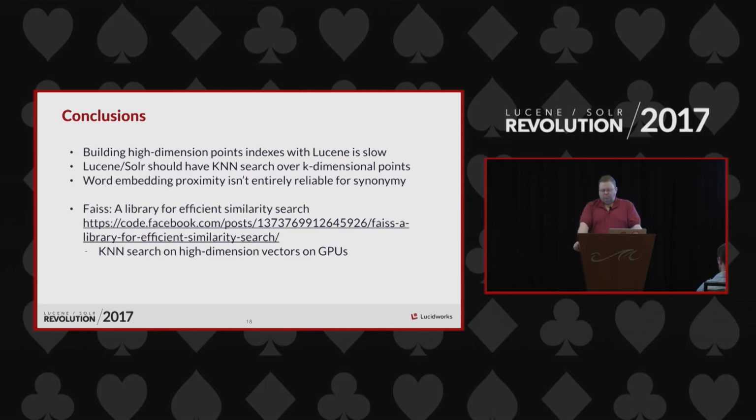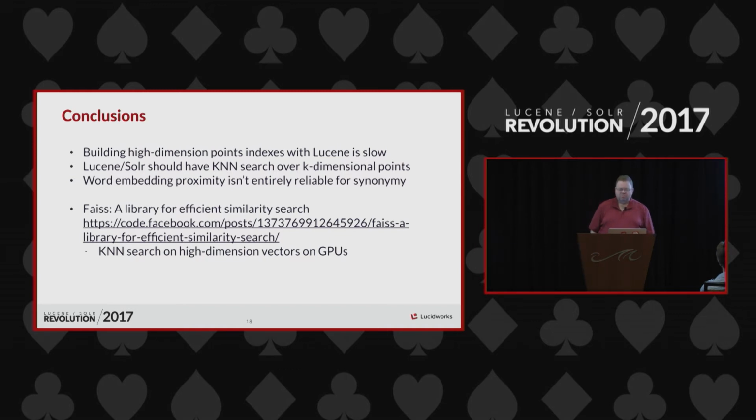I'm hopeful that if we ever add multi-dimensional points to Solr, which currently doesn't have it at all, merging speed can be improved. That might make it actually possible to use this stuff.